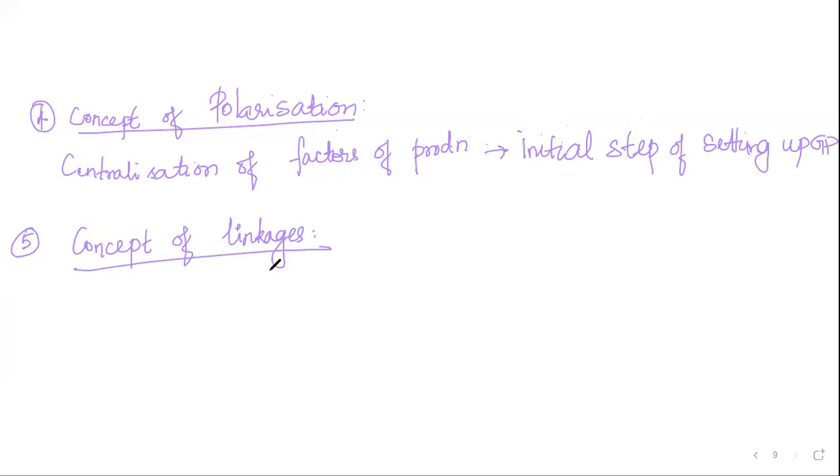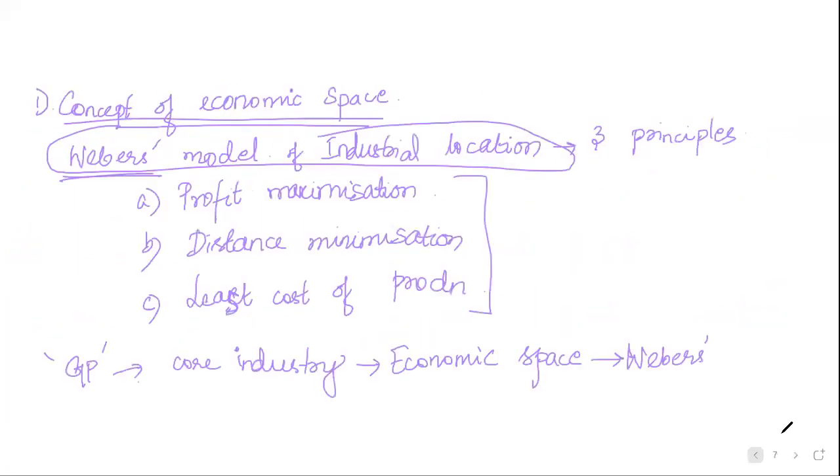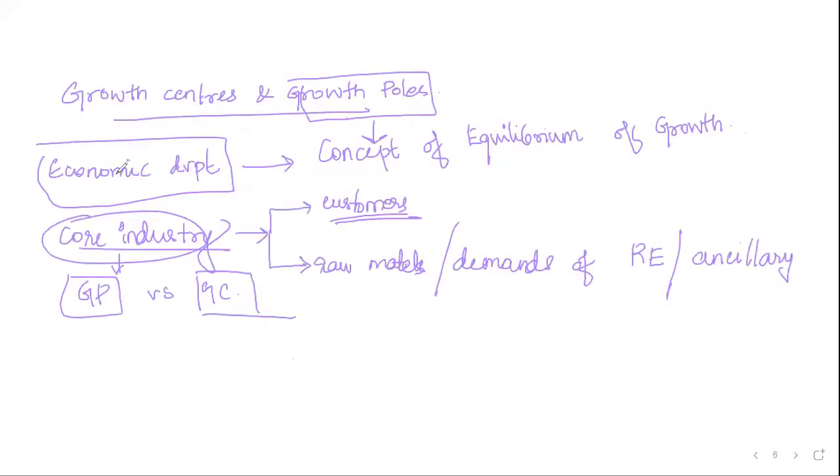Linkages, I mentioned a couple of slides before. A core industry will sell some products to its customers, and will also need some products to manufacture its goods and services. These are nothing but forward and backward linkages.